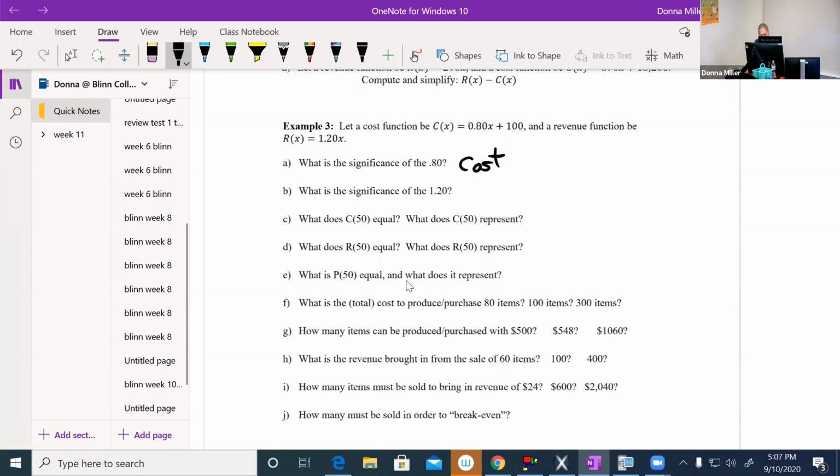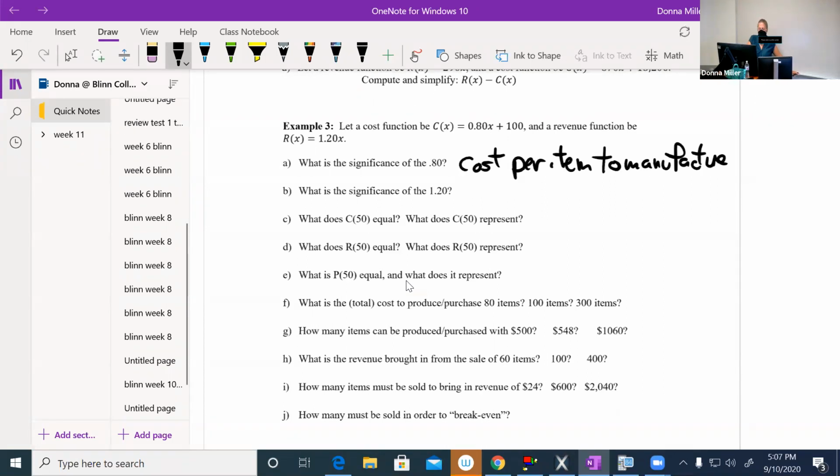Cost per item. All right, what's the 1.2X? 1.2 in revenue. It's the price, right? It's what you're selling it for. Price per item.